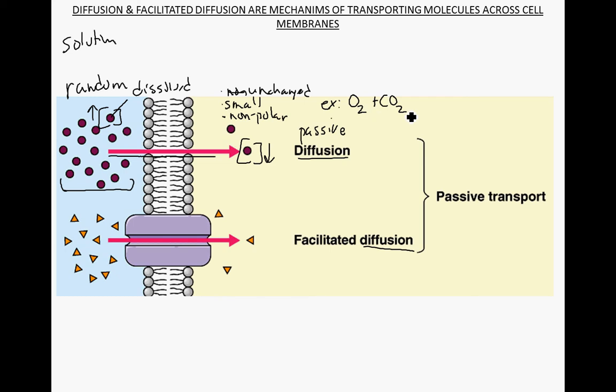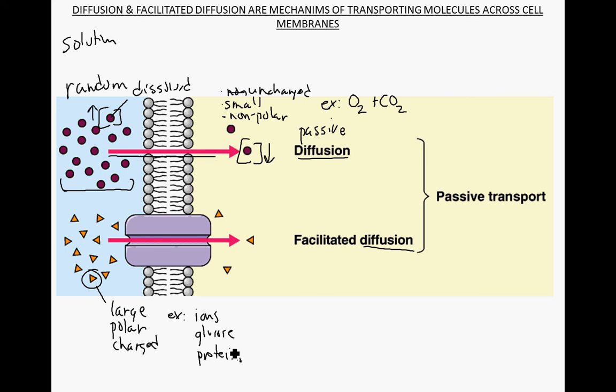Turns out, though, that most solutes don't fit that description. So here we have a solute down here that might be large, polar, and or charged in some way. Examples of these things would be ions, something like glucose, and proteins as well.